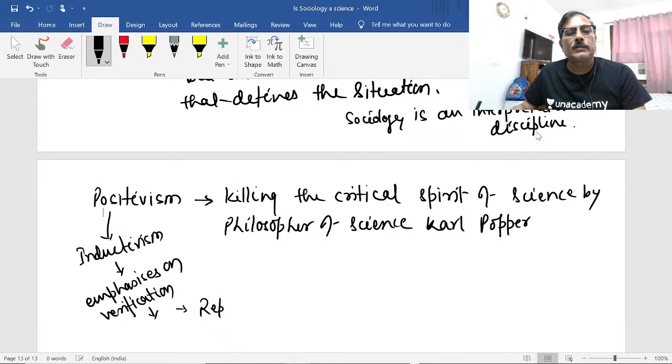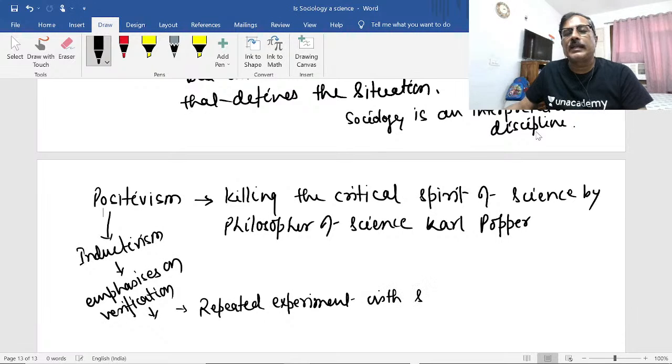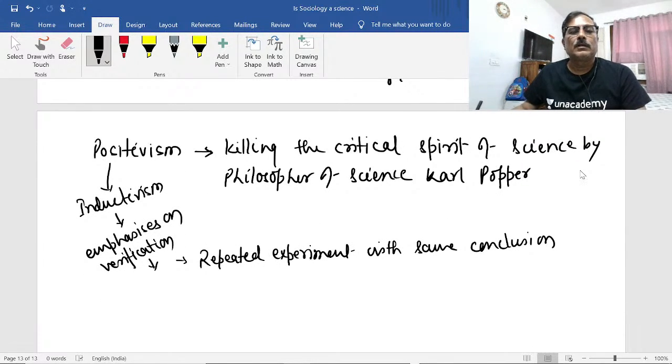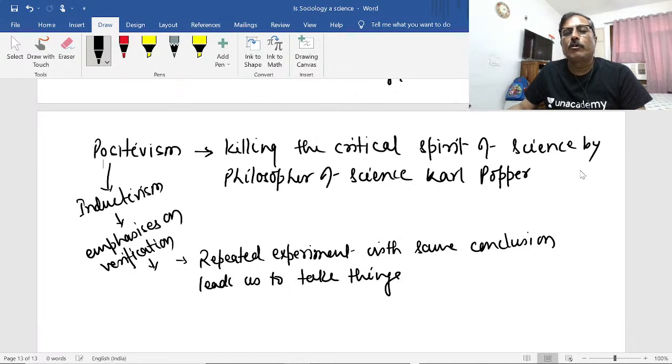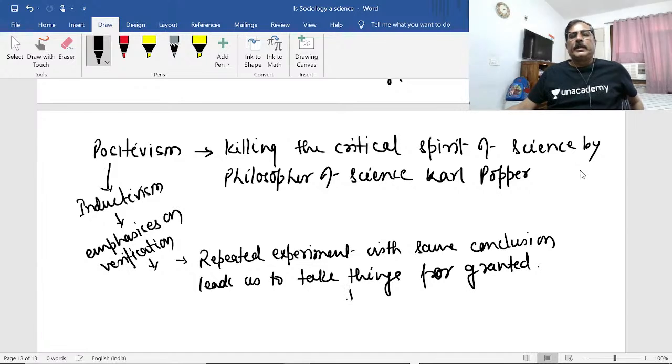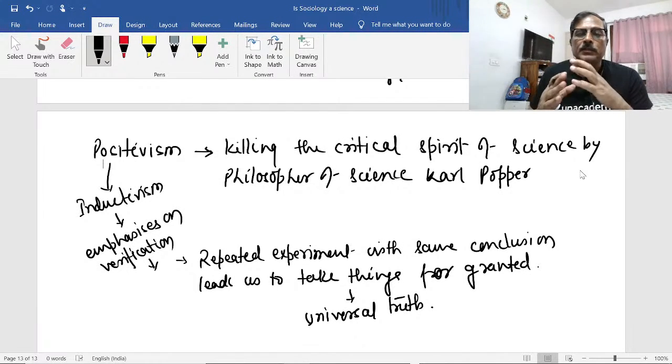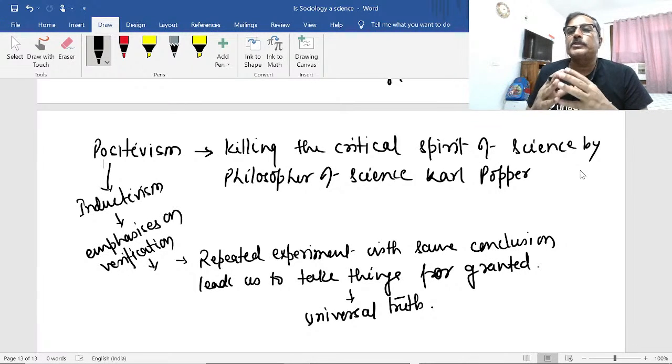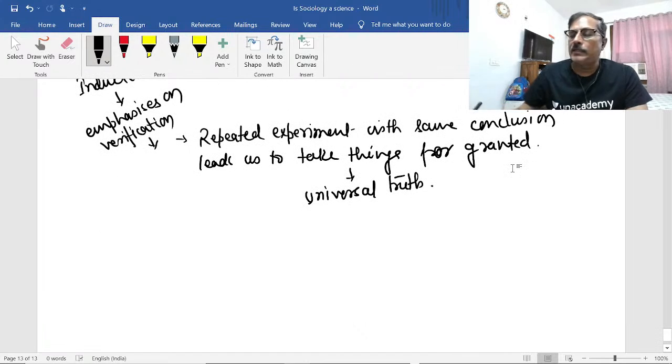So repeated experiment with the same conclusion leads us to take things for granted, and you consider it to be absolutely true and therefore universal truth, right? He says this is wrong because this is killing your critical spirit. And science's purpose is what? Growth of knowledge. And knowledge would stop growing if you do not have a critical approach to analysis towards anything. So he said positivism kills the critical spirit.